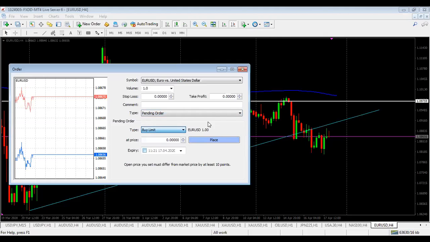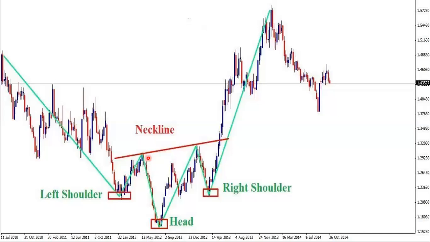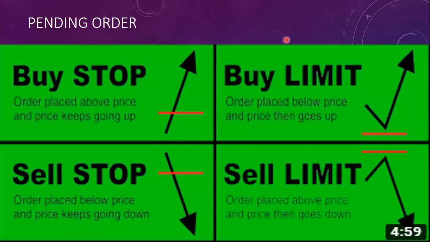A lot of people don't know the difference or are confused about these orders. So to know the difference between these orders, here we are.